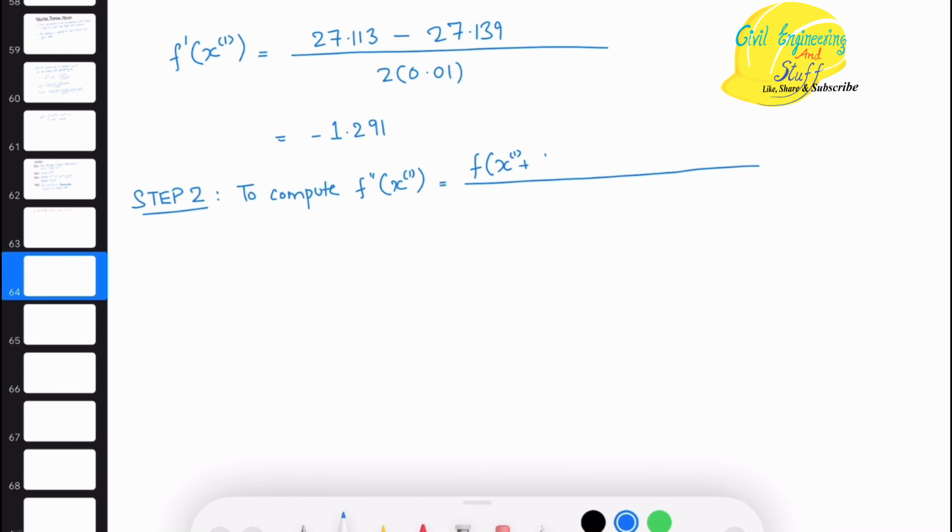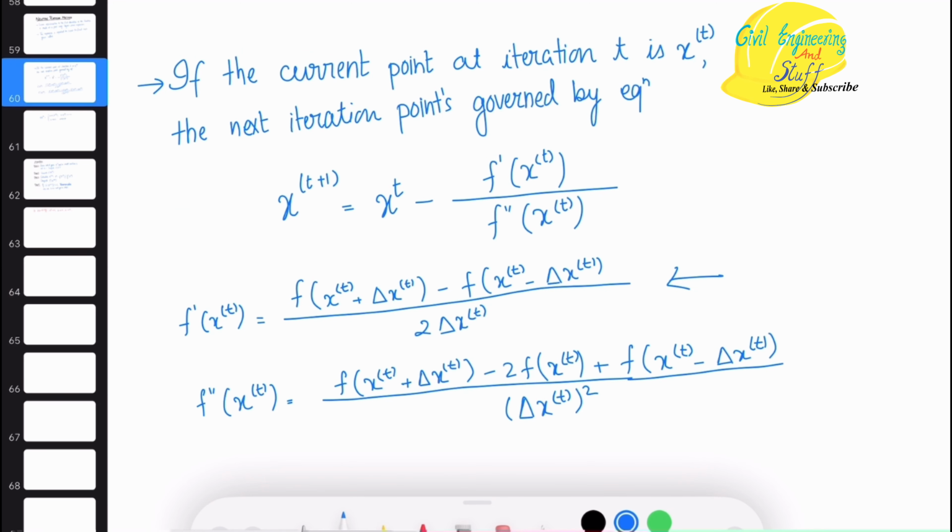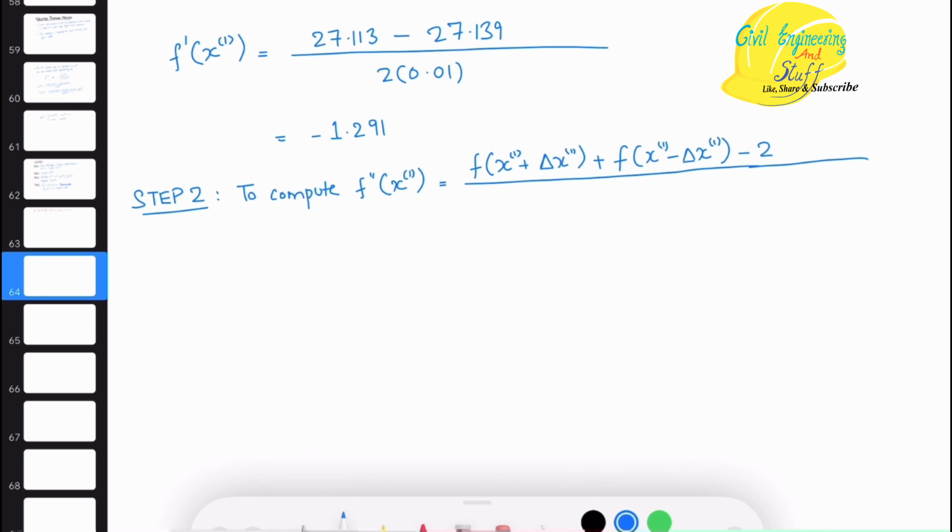x1 plus delta x1 plus f of x1 minus delta x1 minus twice of f x1, divided by delta x1 whole square.